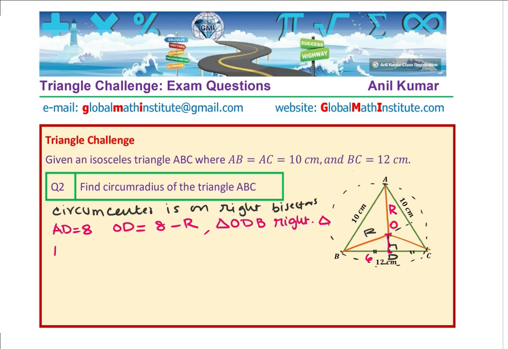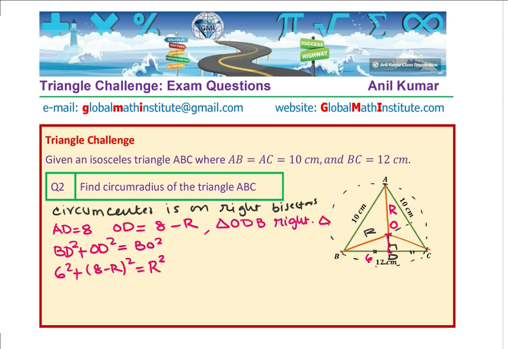So we have BD square plus OD square is equal to BO square, right? So we have our equation. BD is 6, so 6 square plus O to D is 8 minus R square and BO is R square. So we have this quadratic equation from which we can find the value of R, correct?